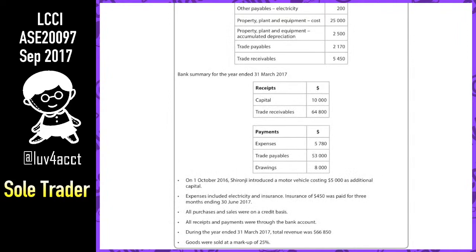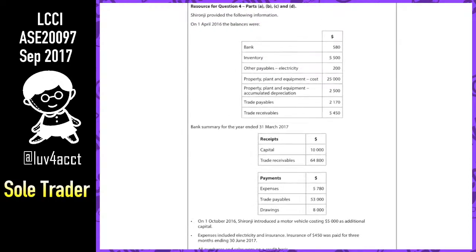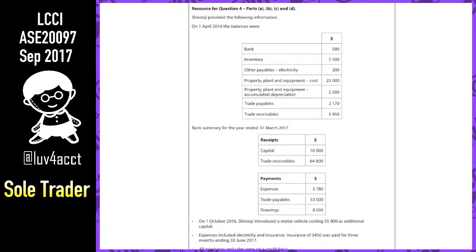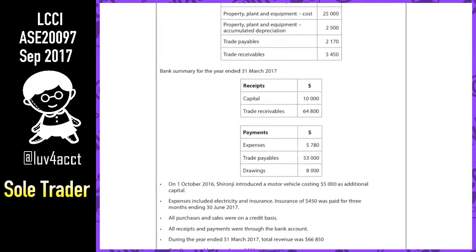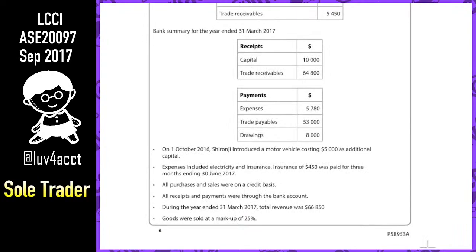Bank summary, receipts. We have an addition of capital. With the above items, we can calculate our opening capital, but let's do it later. We have additional capital, trade receivables, receipts, and then for payment, expenses, trade payables, and drawings.